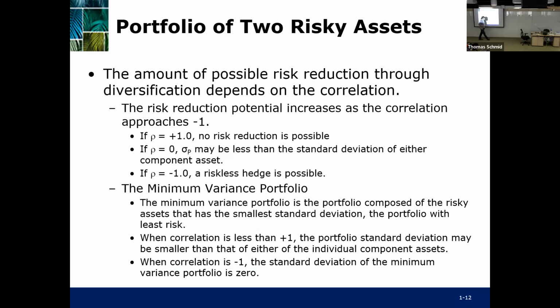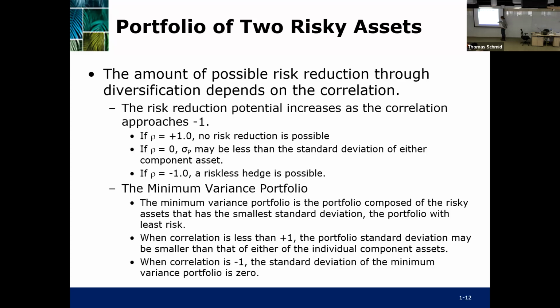Good. So the amount of risk reduction that is possible, of course, depends on the correlation structure. It becomes more extreme if we approach -1. +1, no risk reduction, weighted average. Anything below +1, risk reduction. -1, optimal risk reduction, and there is a risk-free portfolio. The minimum variance portfolio, this is a little bit of a technical term. This is the portfolio of the risky assets that gives us the smallest standard deviation, the least risk.